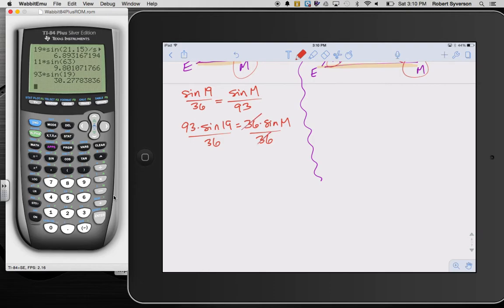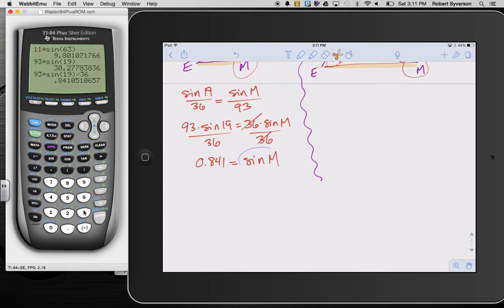So 36 cancels, and the sine of M then is equal to, all right, let's do some number crunching. 93 times the sine of 19 divided by 36. It's out to 0.841. All right, 0.841. And now what I'm going to do is I will take the inverse sine of both parts.